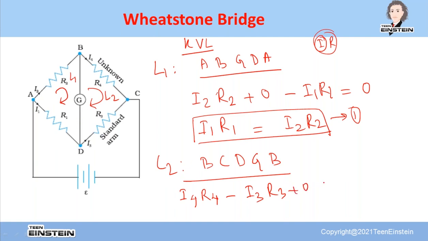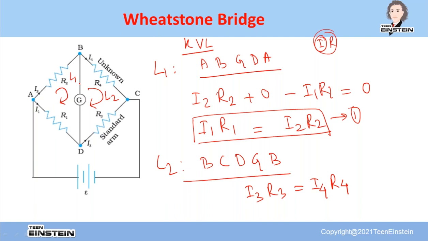Going from D to G, there is no current over here, so this potential drop is 0. There is no cell involved here, so the right hand side is also 0. If I simplify a little bit, I get I3 R3 is equal to I4 R4.